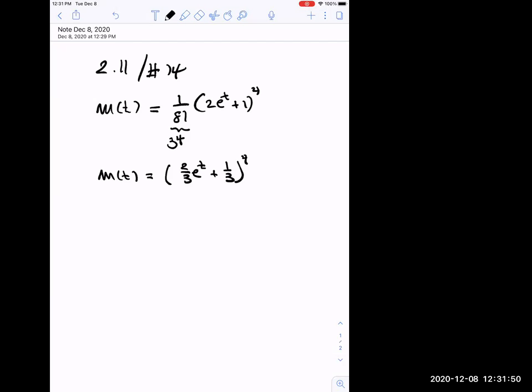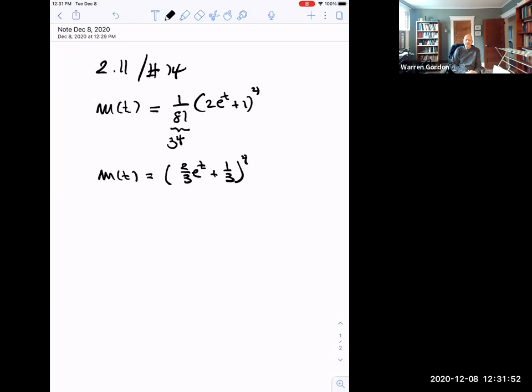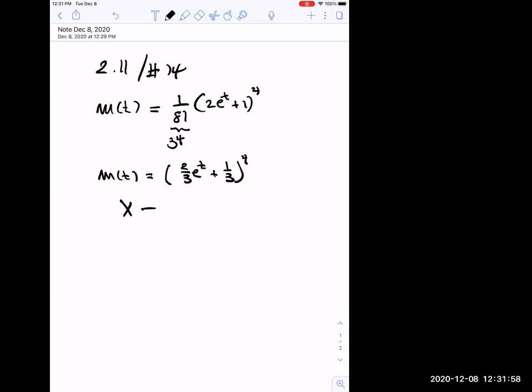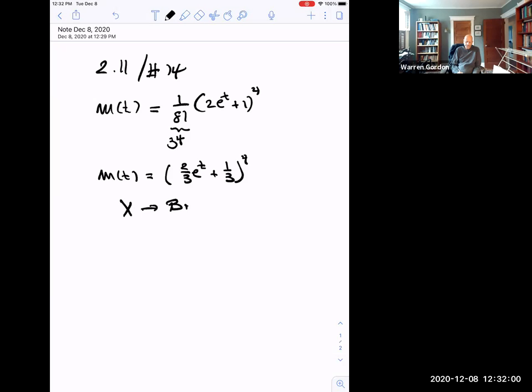Do we recognize what kind of random variable this is? Well, if you look at the table that I'll provide you for the exam, this random variable X is binomial. n is 4, and p is 2/3.